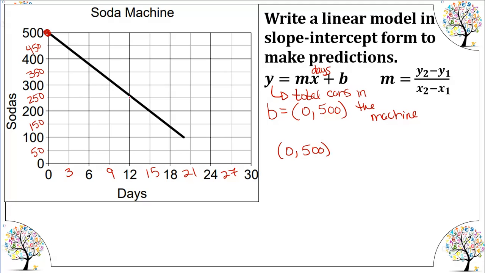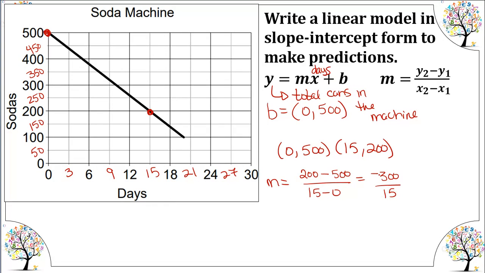And then it looks like this is a nice point that comes in on the corners of (15, 200). So now we're going to use our slope formula. So we have 200 minus 500 over 15 minus 0. So we're going to have negative 300 over 15.